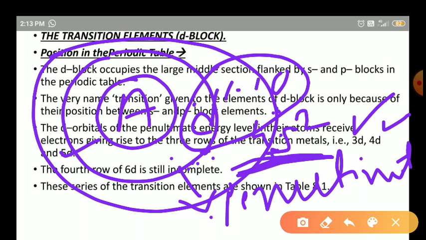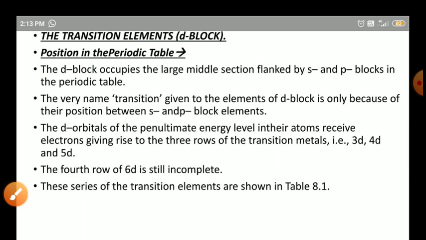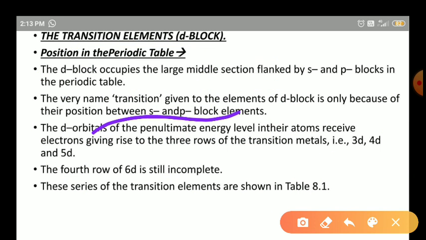In the d block elements, it may be 3d, 4d, or 5d. The outermost electrons we call the valence shell. The valence shell's inner orbital we call the penultimate shell.